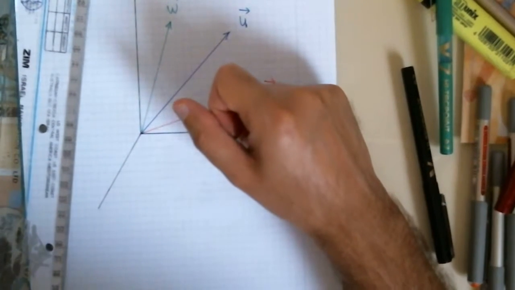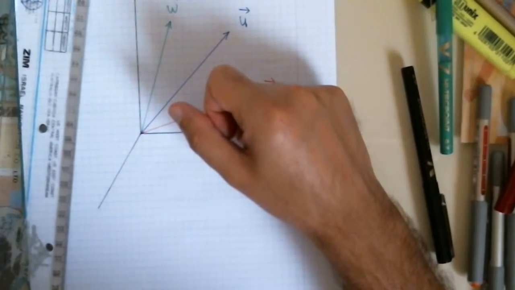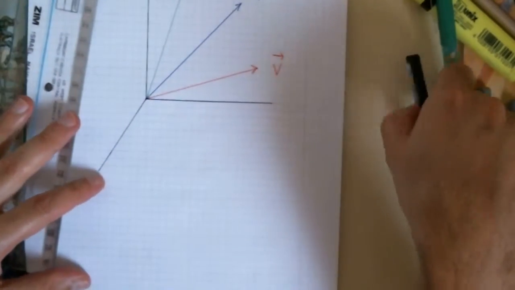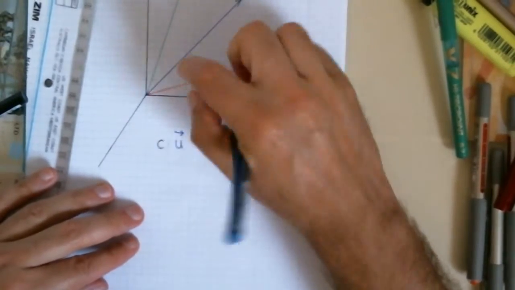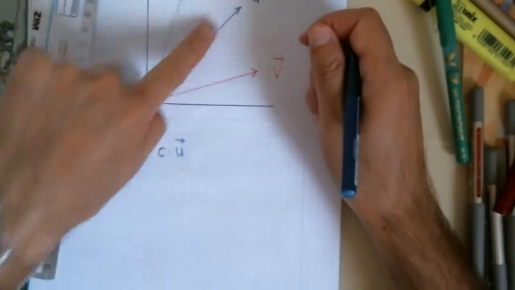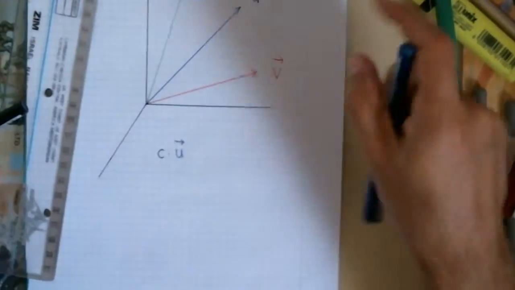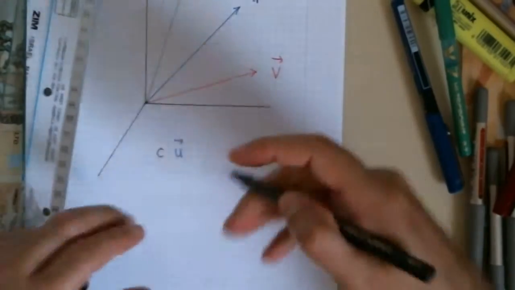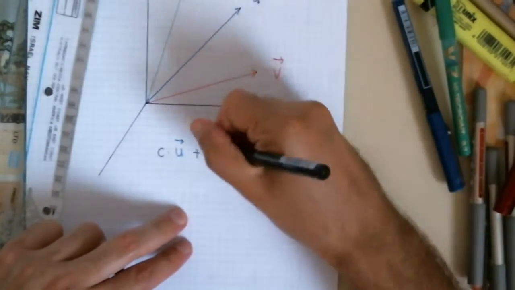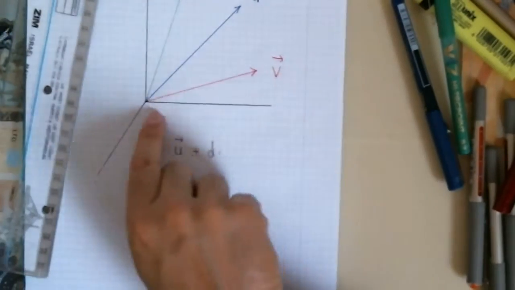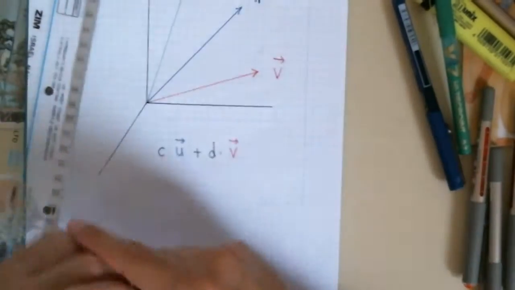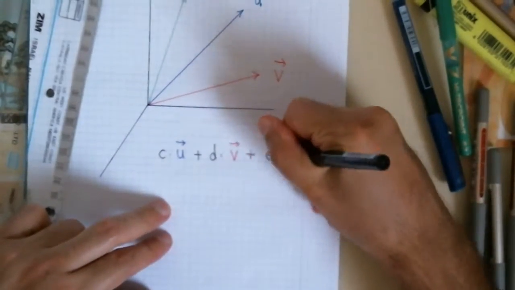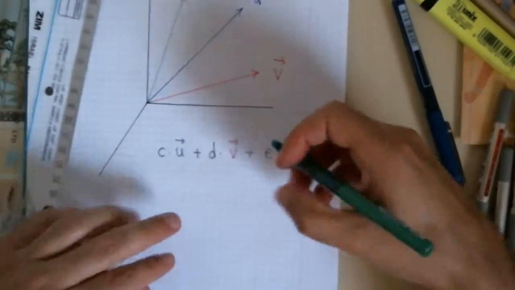Okay, in question 20, we said that if we have some number c times the blue vector u, that makes it longer or shorter, we go along the u, and we can go also along with another number along the v, and we go with another number along w.